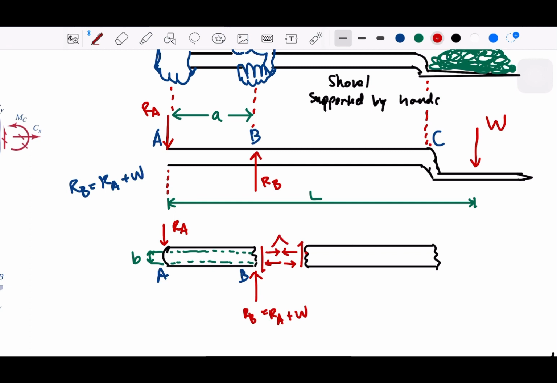So this will be a tension for the one side, and this will be a compression for the other side, right? And the shear force here is typically equal to the weight of this shovel.